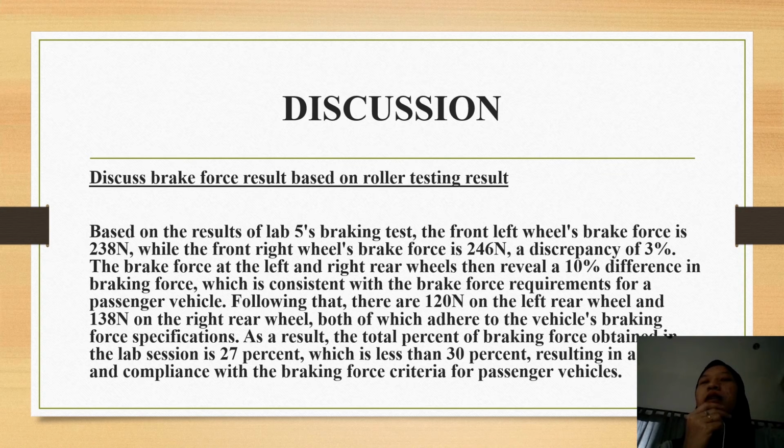Following that, there are 120 Newton on the left rear wheel and 138 Newton on the right rear wheel, both of which adhere to the vehicle braking force specifications. As a result, the total percent of braking force obtained in the lab session is 20%, which is less than 30%, resulting in a pass and compliance with the braking force criteria for passenger vehicles.